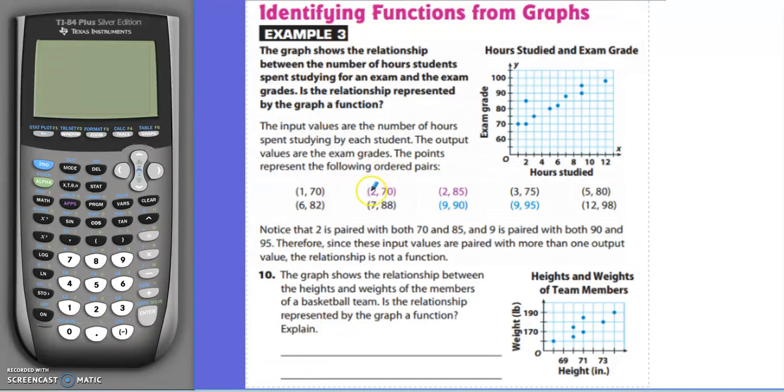Right here, you have 2 with 70 and 2 with 85. That is not a function. In addition to that, you have 9 with 90 and 9 with 95. So this is not a function.